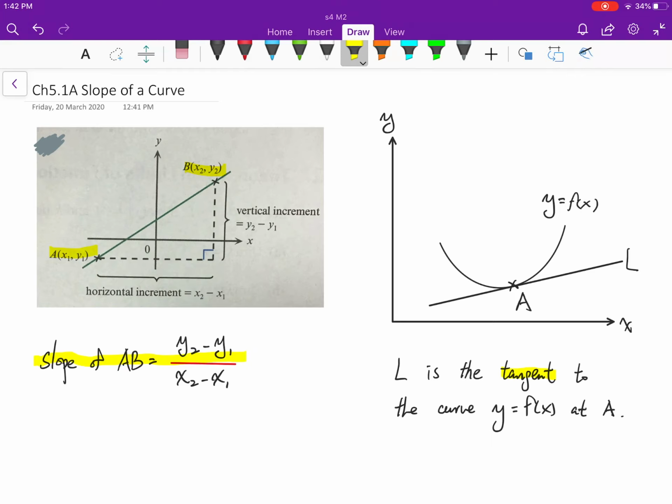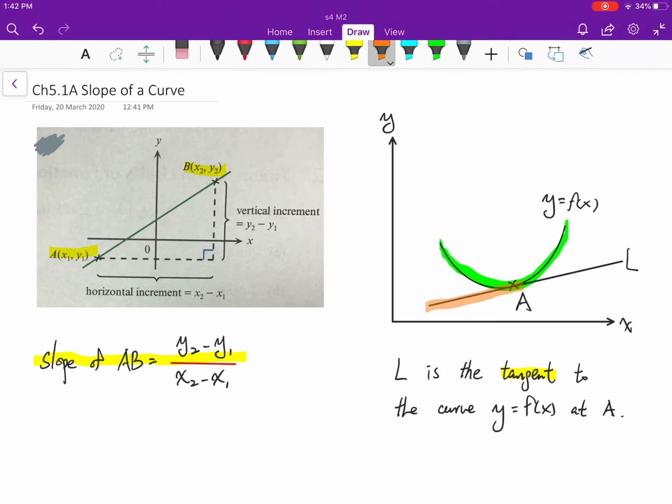On the right-hand side, I would also like to introduce one term to you, which is tangent. This tangent is not the trigonometric ratio, sine, cosine, tangent. Here it refers to a line.